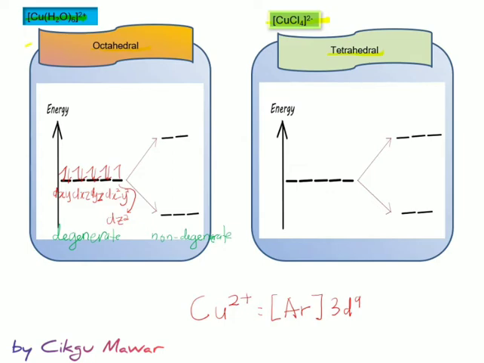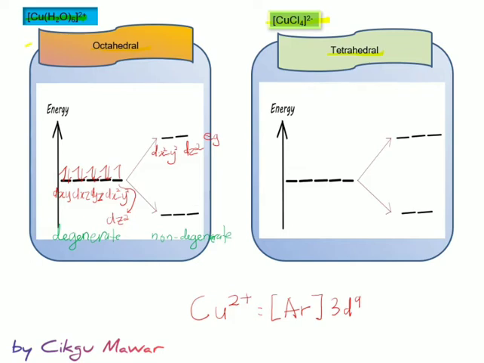For octahedral, the axial orbitals are repelled to the higher energy level, which are dx square minus y square and also the dz square orbital. This axial set we call the Eg level.